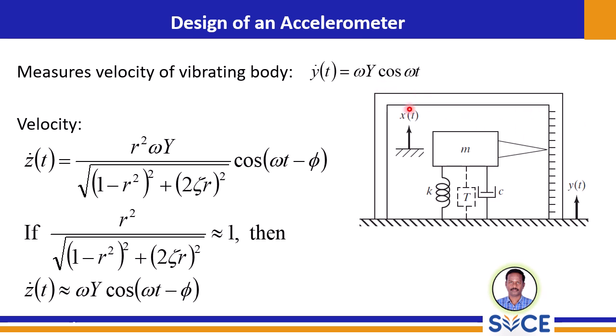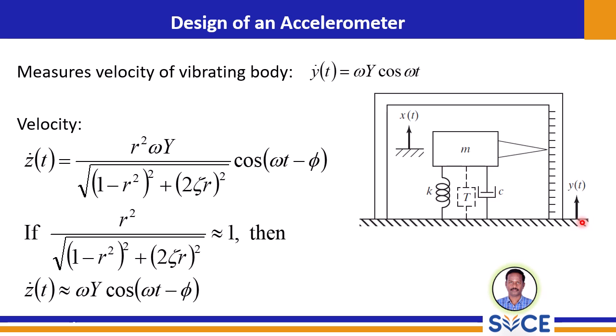Inside this transducer, we have a seismic mass m suspended by a spring with stiffness k and a damper. When the base of the transducer vibrates, the seismic mass will also move, but its motion x of t will be different from the base.